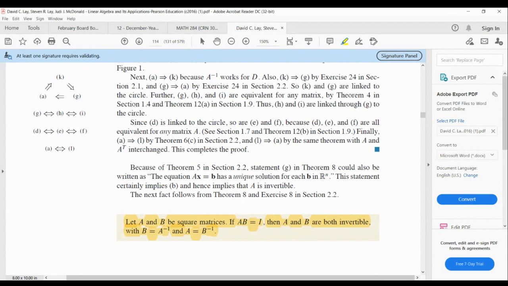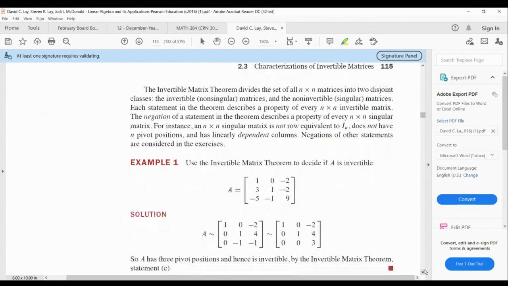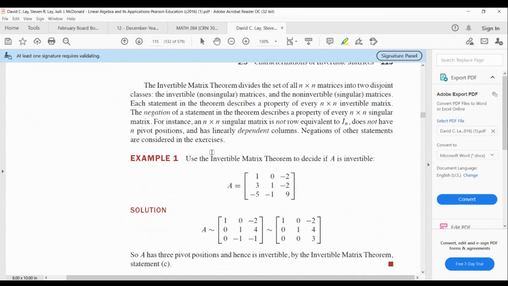All right, let's continue on here. Let's see here. If you have an invertible matrix, well, use the invertible matrix theorem to decide if A is invertible. Here's a matrix A. So the idea here is, let's just use the invertible matrix theorem to help us.